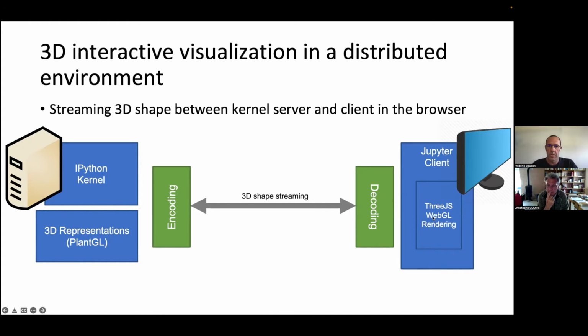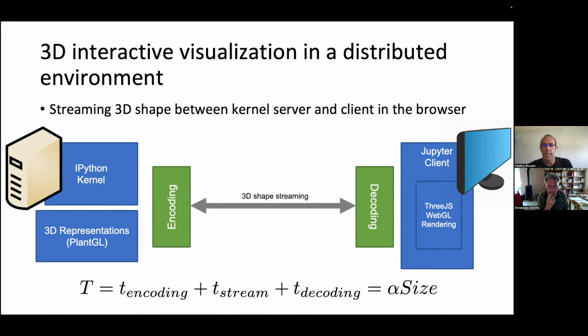This transmission time can be decomposed into the time to encode the representation into a streamable representation, the actual time of streaming, and the time to decode this representation and transform it into a representation that can be understood by Three.js. The streaming time will be proportional to the size of the data, and the encoding and decoding times will be proportional to the original 3D scene size.